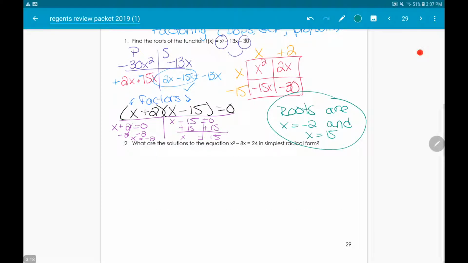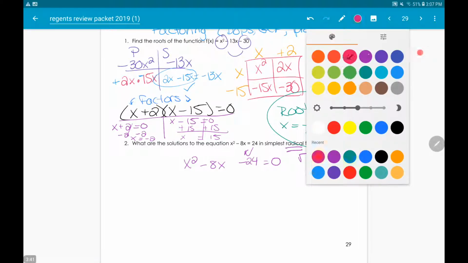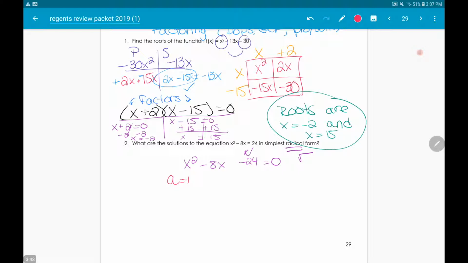Okay, let's look at the next one. Okay, what are the solutions to the equation in simplest radical form? Radical means I'm going to have a square root in my answer. So that triggers to me that I need to use the quadratic formula. Alright, so I need to get this equal to 0, minus 24. Okay, so now I have my A is 1, B is negative 8, C is negative 24.